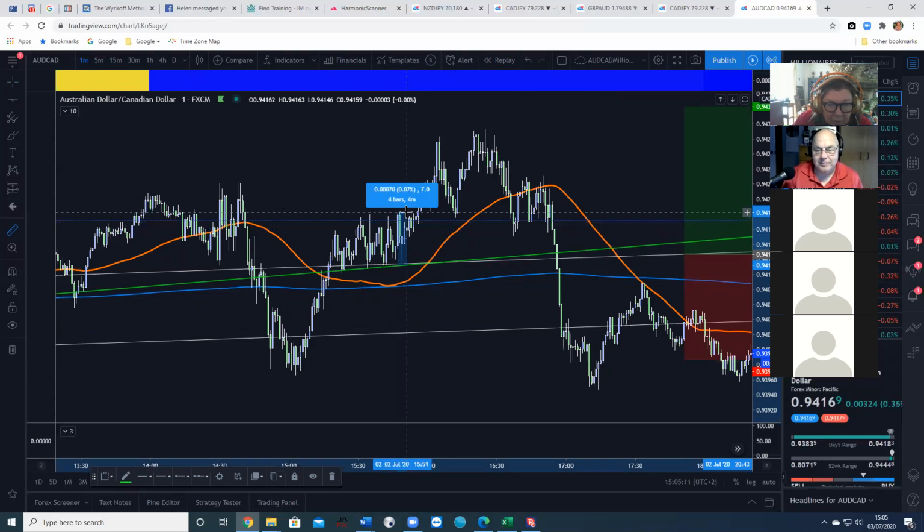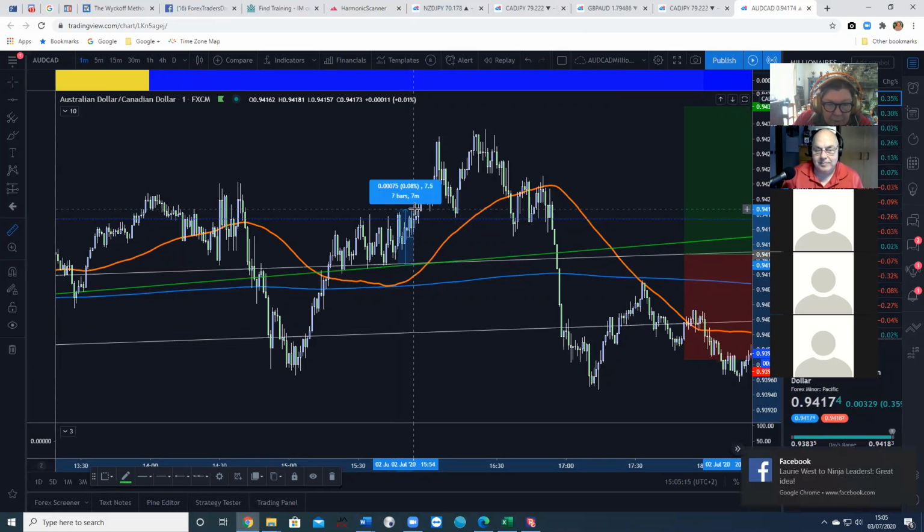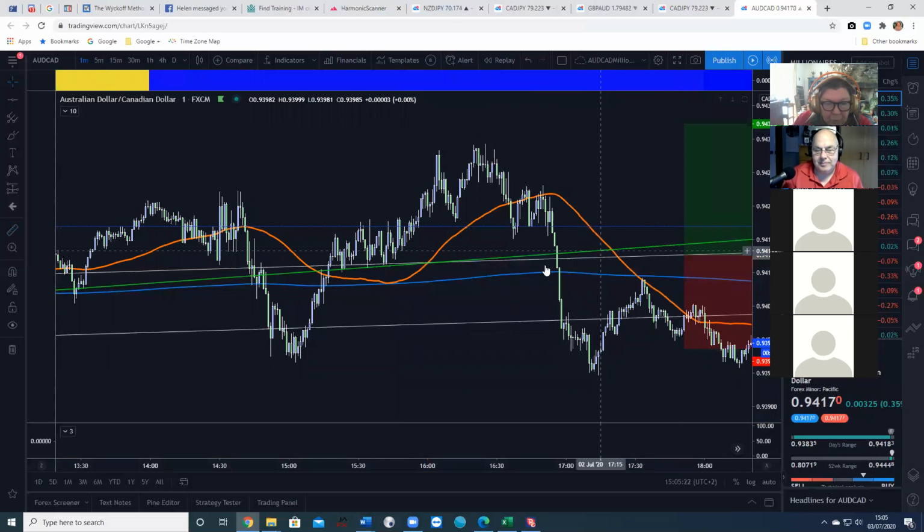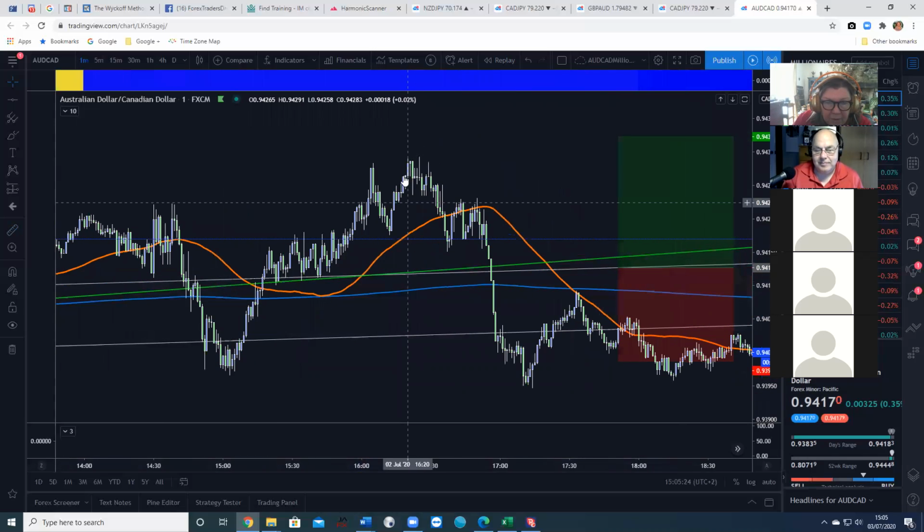So if you didn't get in till there. So again, we didn't have a 10 pip break and retest, and it only went the 17 pips. But notice how the 62 never crossed below the 15, not until it came over here.